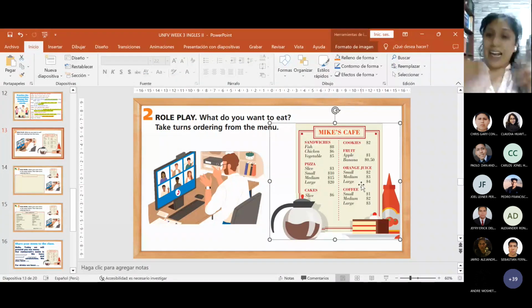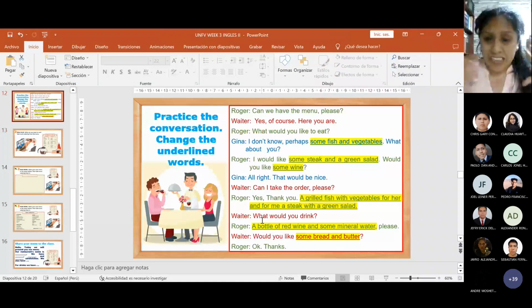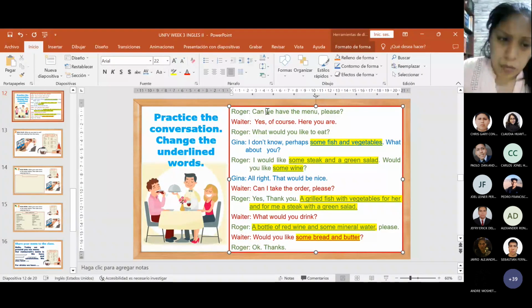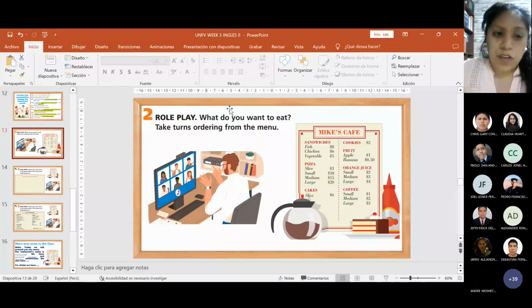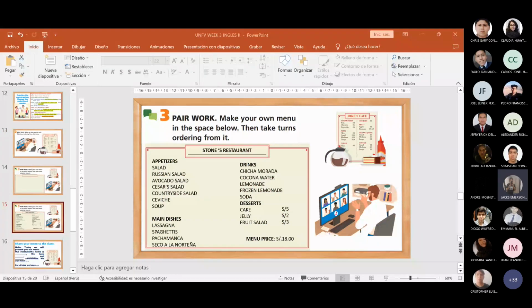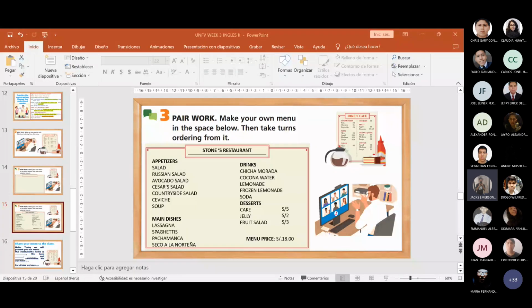Como yo tengo que crear una conversación, create a new conversation, yo puedo seguir este modelo y puedo guiarme de este menú. O si yo prefiero hacer uno nuevo, voy a crear un menú para poder diseñar mi conversación.